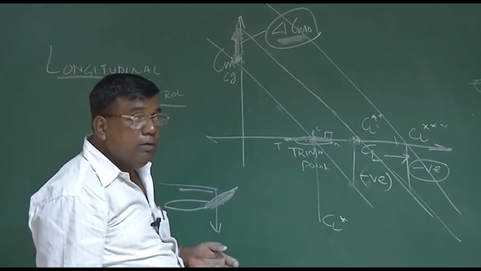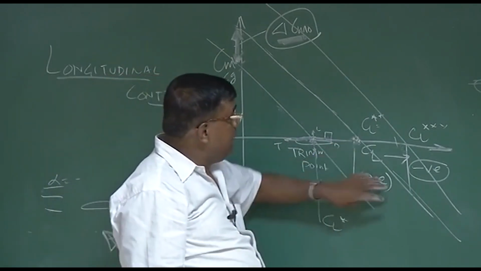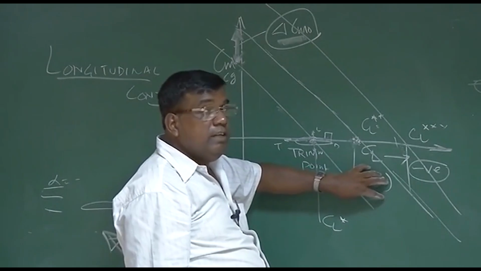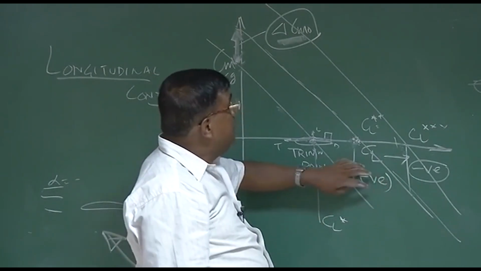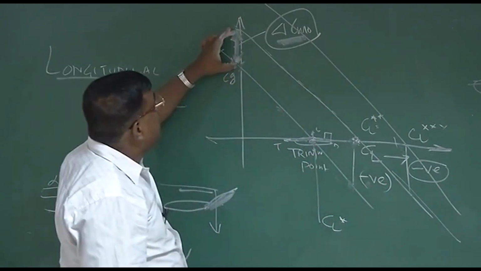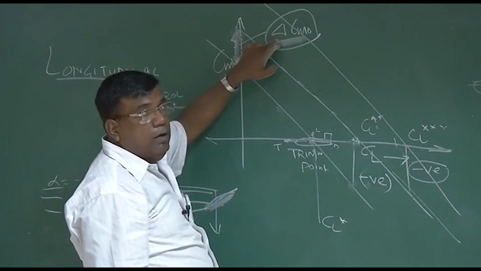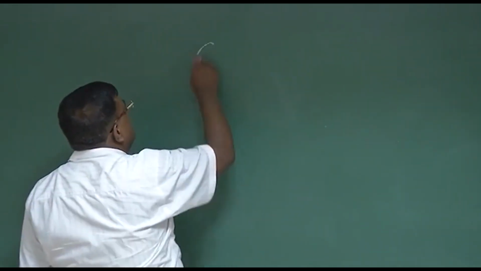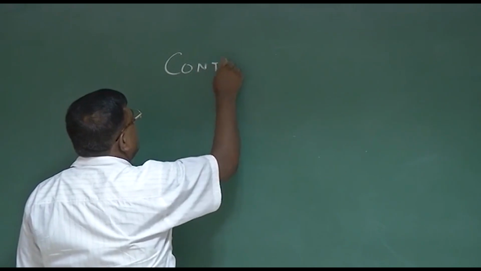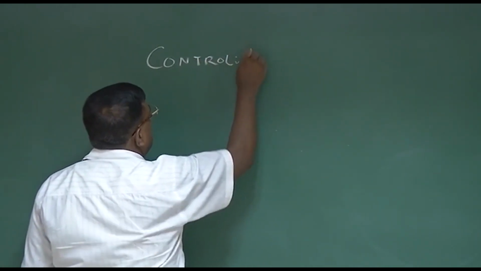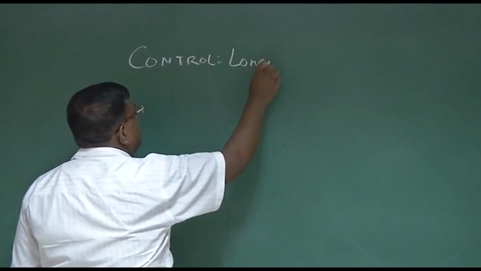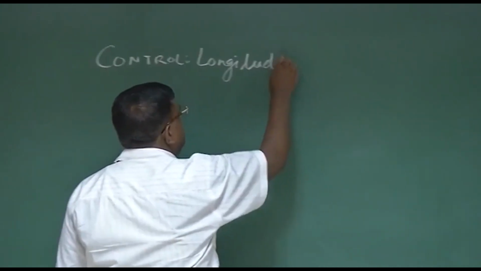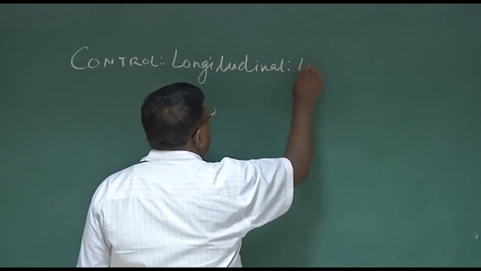For a longitudinal control, it is elevator. To see that whatever opposing moment is coming is taken care of. Equivalently saying, you increase the Cm naught by delta Cm naught. Both are same statement. Okay? So you are seeing one aspect of control, which is longitudinal, using elevator.